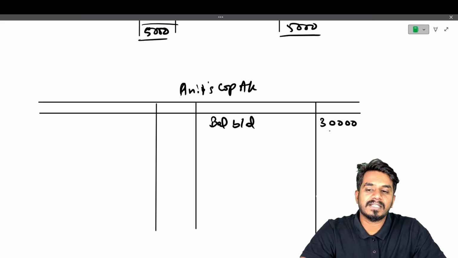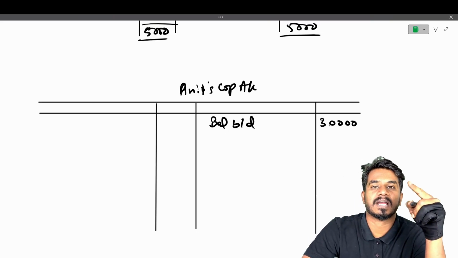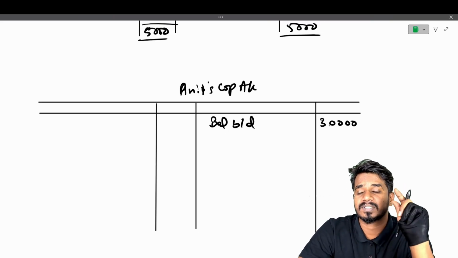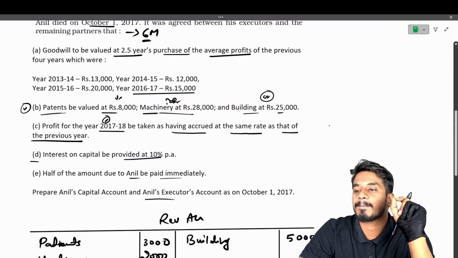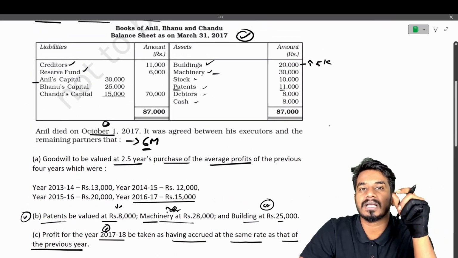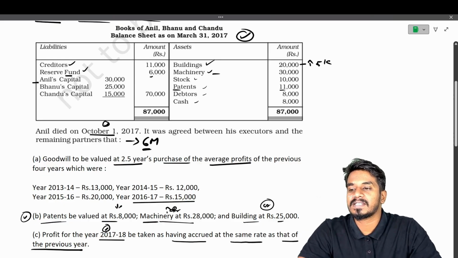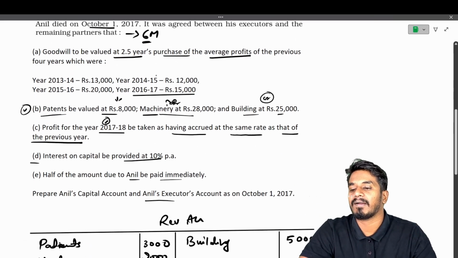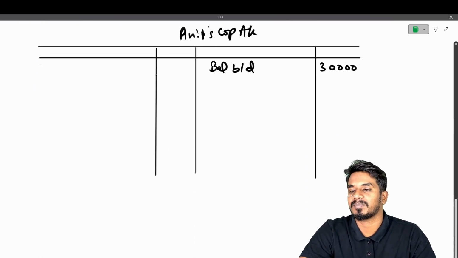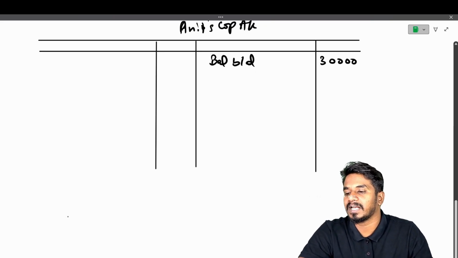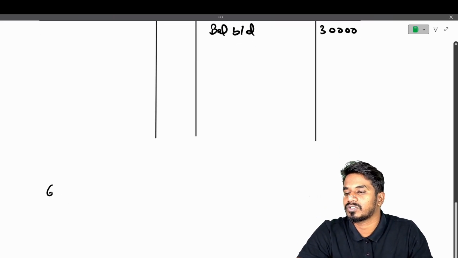The second thing we have to see in the partner's capital account is reserves. If there are any reserves in the balance sheet, we have to share them among the partners. We have a reserve fund here, 6,000. We have to share it among the partners, so we have to see how much Anil will get. 6,000 was the reserve fund.